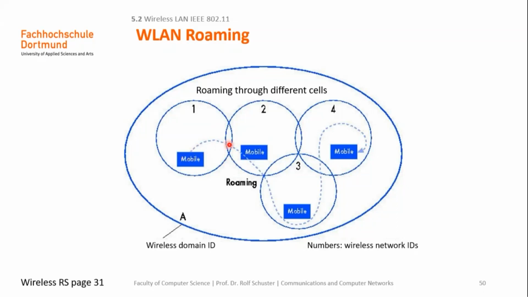Each time we leave a particular cell and reach another cell where the access point is different, we could detect this change by measuring the detection of the carrier, the signal carrier of each access point and the other stations in that area, particularly the access point.